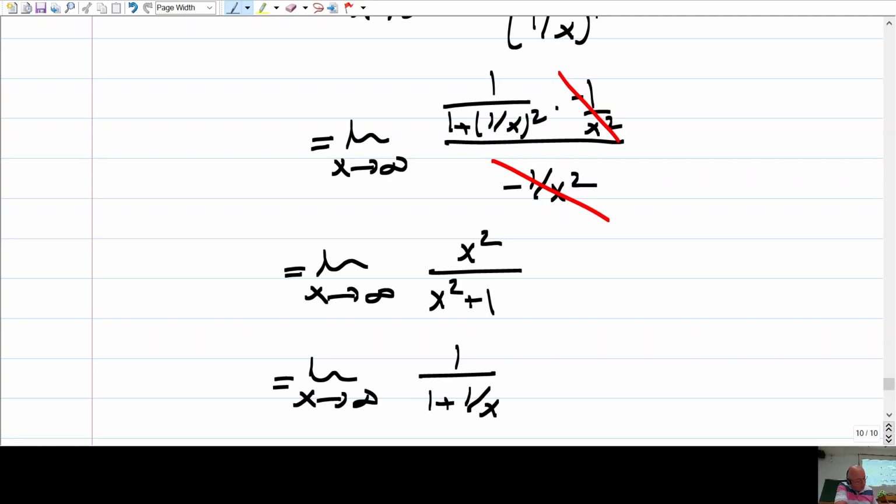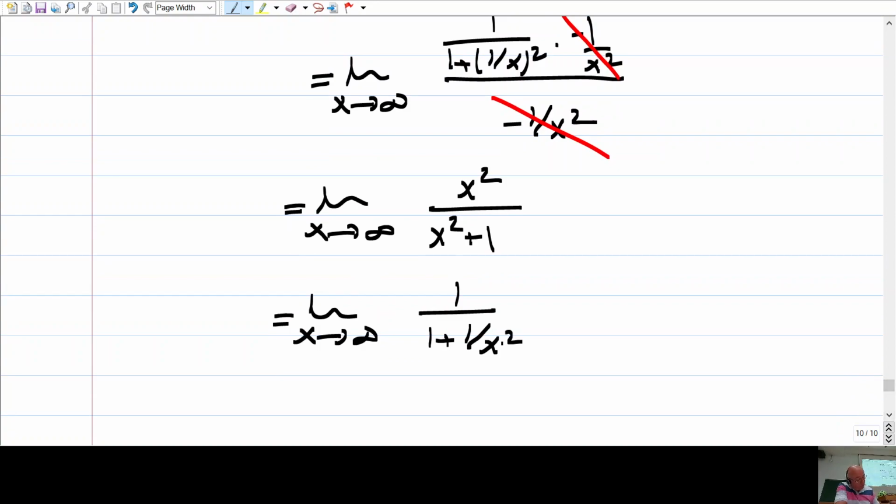So we have this. And now this thing goes to 0. The numerator goes to 1. The denominator goes to 1 plus 0, which is 1. 1 over 1 is 1. So this limit is 1. Okay?